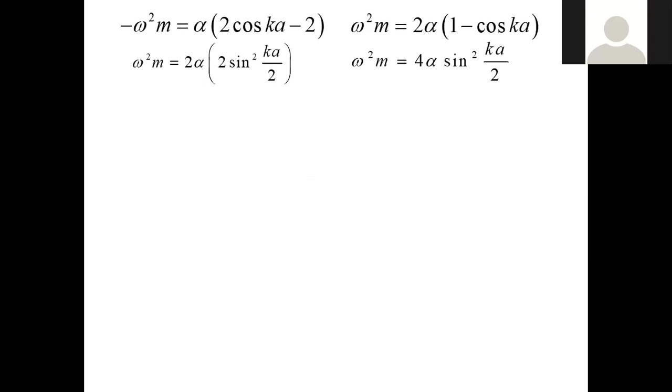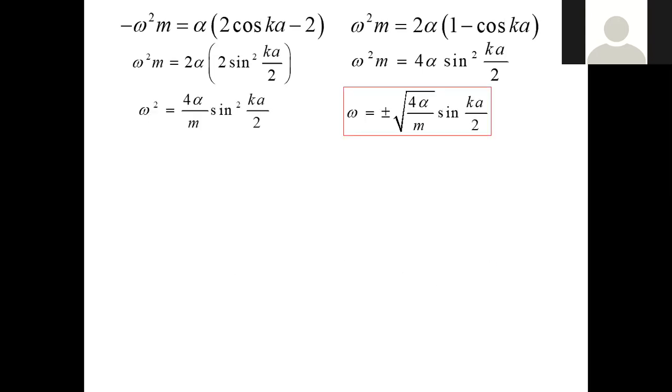On the right hand side, we have written 2 sine square ka by 2. So then finally we get omega square m is equal to 4 alpha sine square ka by 2. So this is the relation between frequency omega and wave vector k. So this is the dispersion relation.